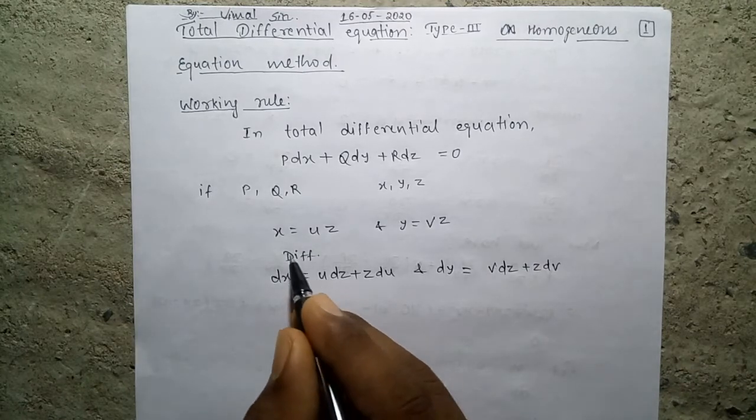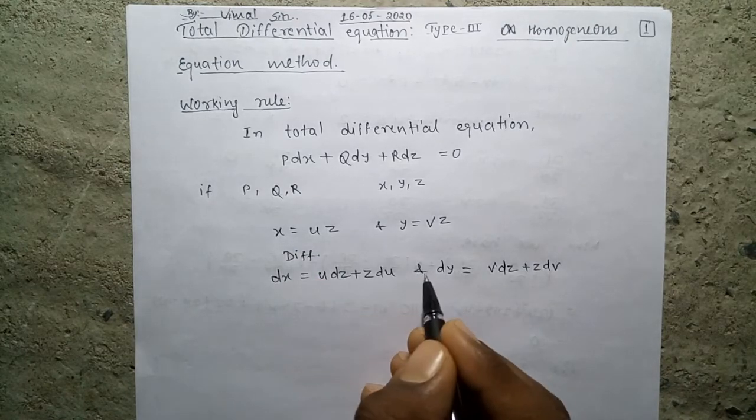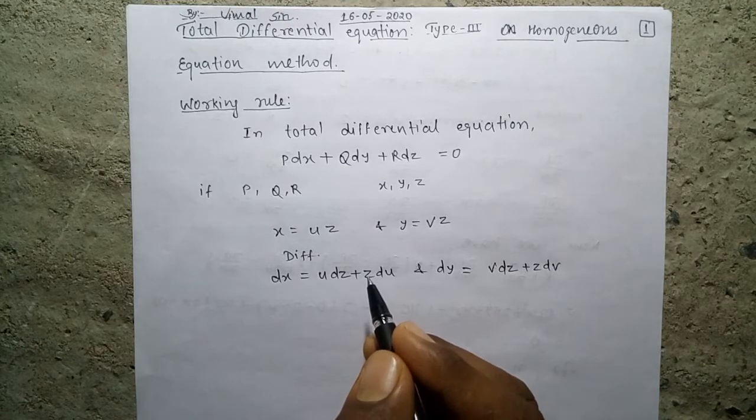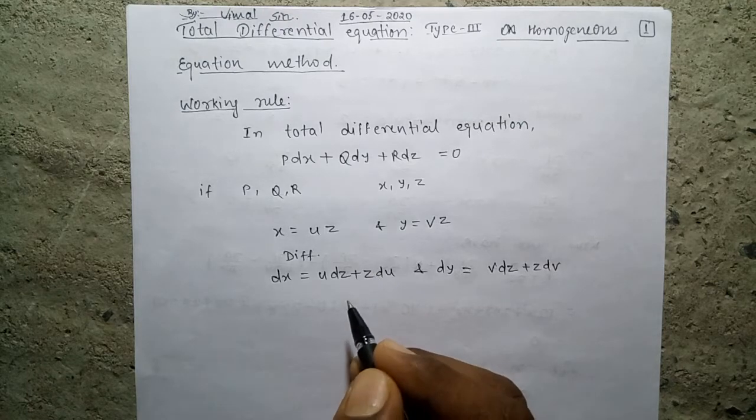Now we put these values of x, y, dx, dy in the given equation first and we use separation of variable.